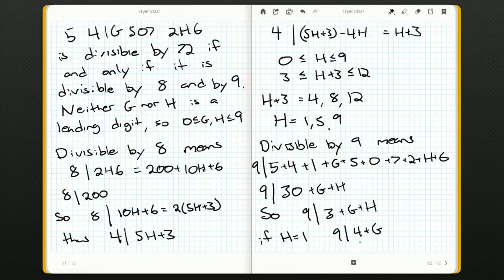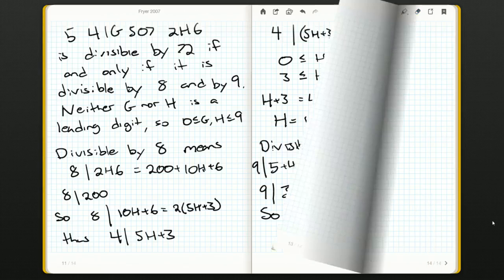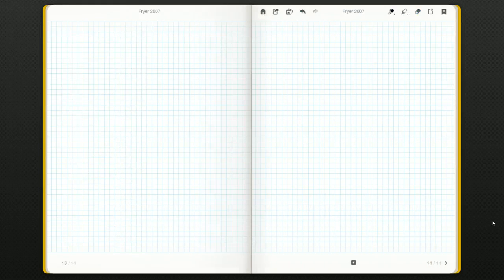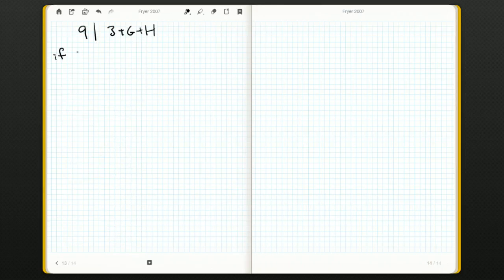So if H is 1, actually, you know what? Let's do this on the next page so it's all together. It's nice and clean. So we're going to flip over. 9 divides 3 plus G plus H. So if H equals 1, this becomes 9 divides 4 plus G. Well, I know G can be anything from 0 to 9.